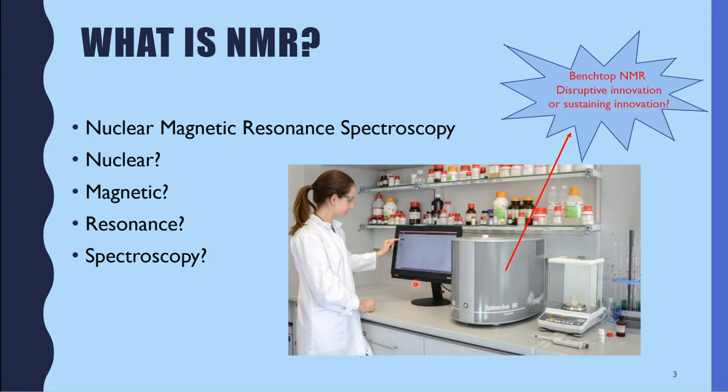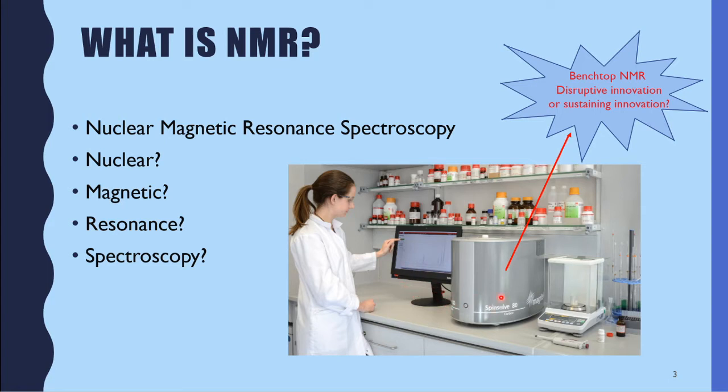Now, this is an interesting picture that I've put here. In comparison to what I shared with you last week, the really intimidating, gigantic JEOL spectrometer in Japan, this is a petite and small benchtop NMR, which is certainly going to be very useful for educational and also research purposes.